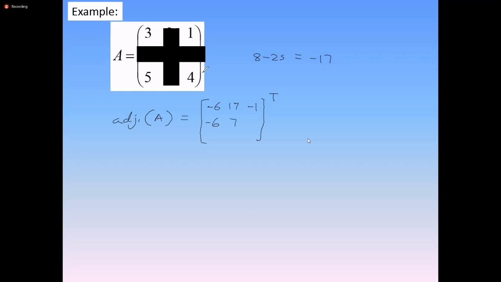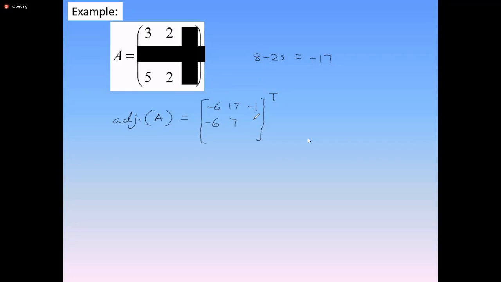Then go to the second row, third cofactor. Then 3 by 2 minus 5 by 2. 6 minus 10, minus 4. Then it is minus 4, but it is not in a diagonal. I change the sign.